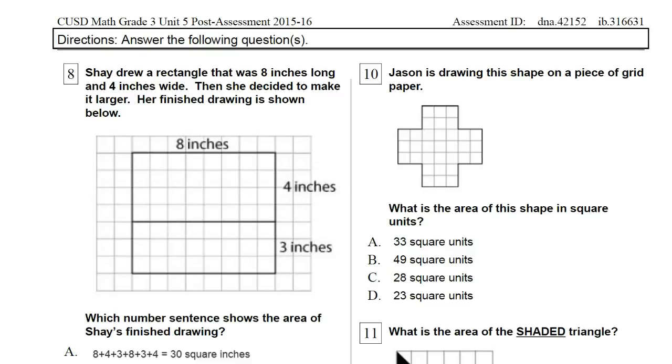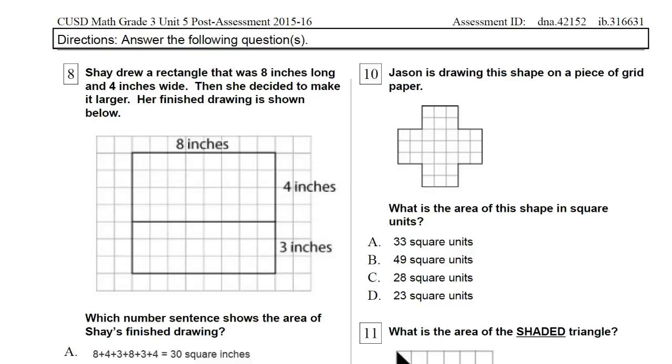Number 10 says Jason is drawing this shape on a piece of grid paper. What is the area of the shape in square units? Well, I can't really find the area with length times width, right? So what's another way to find the area, Nathan? Okay, but what else can I do? Count?